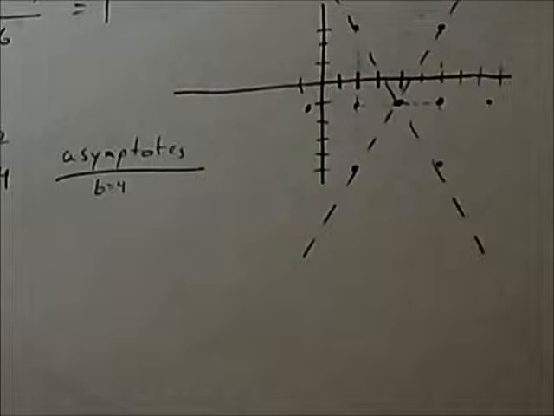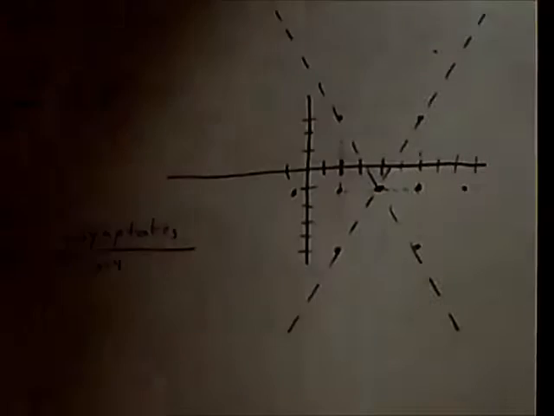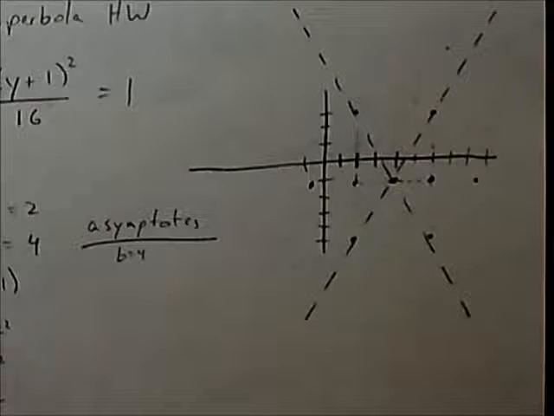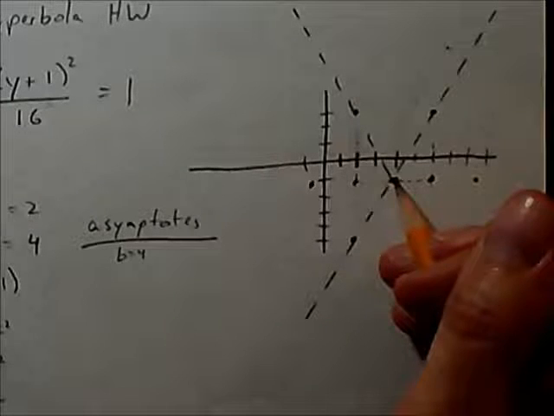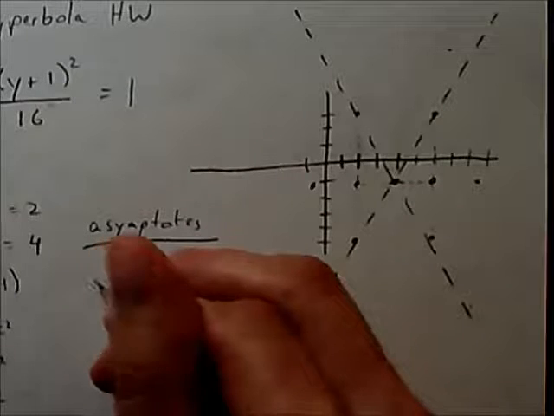Okay, so there's my graph. And now, to get the equations of the asymptotes, I use, first off, a point that both equations go through, that's the center.